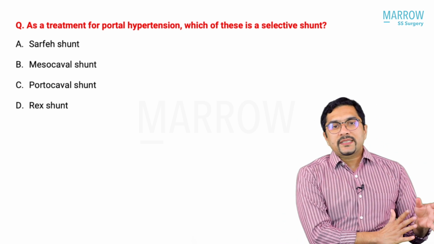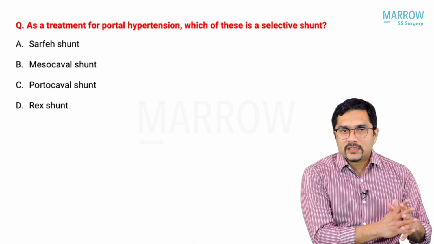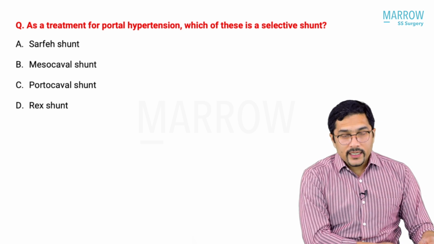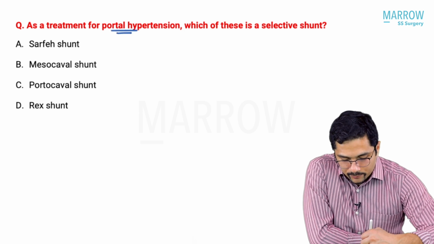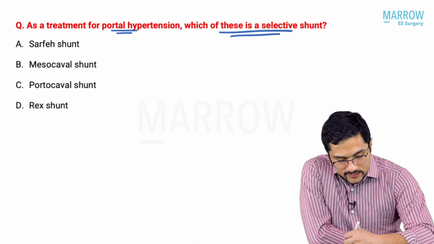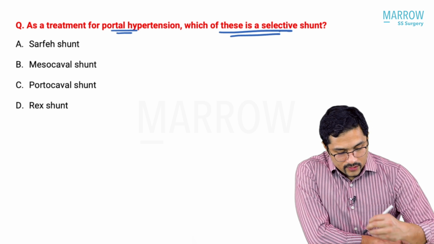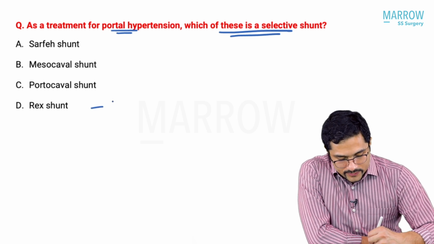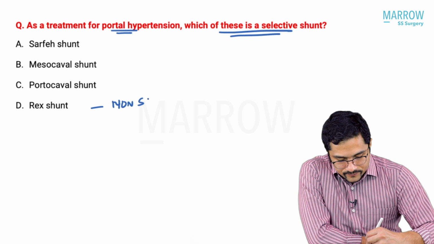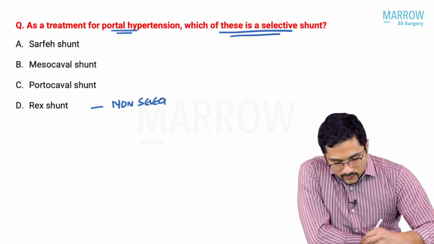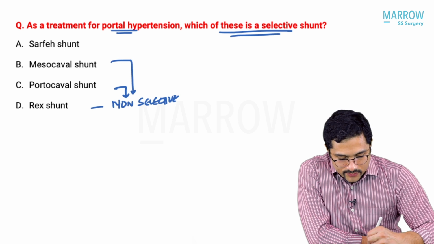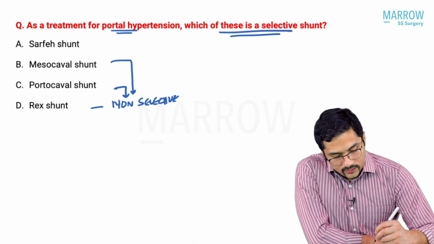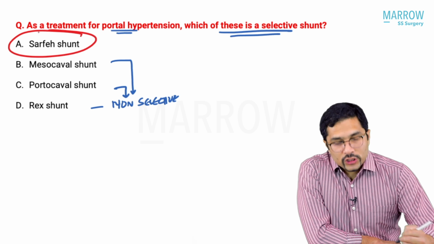In another subset of general surgery questions, there was another question related to shunts, and this was that for the treatment of portal hypertension, which of these is a selective shunt? So, Rex, I just told you, is a non-selective shunt, right? Portocaval is also non-selective, mesocaval is also non-selective. The correct answer is the distal splenorenal shunt.